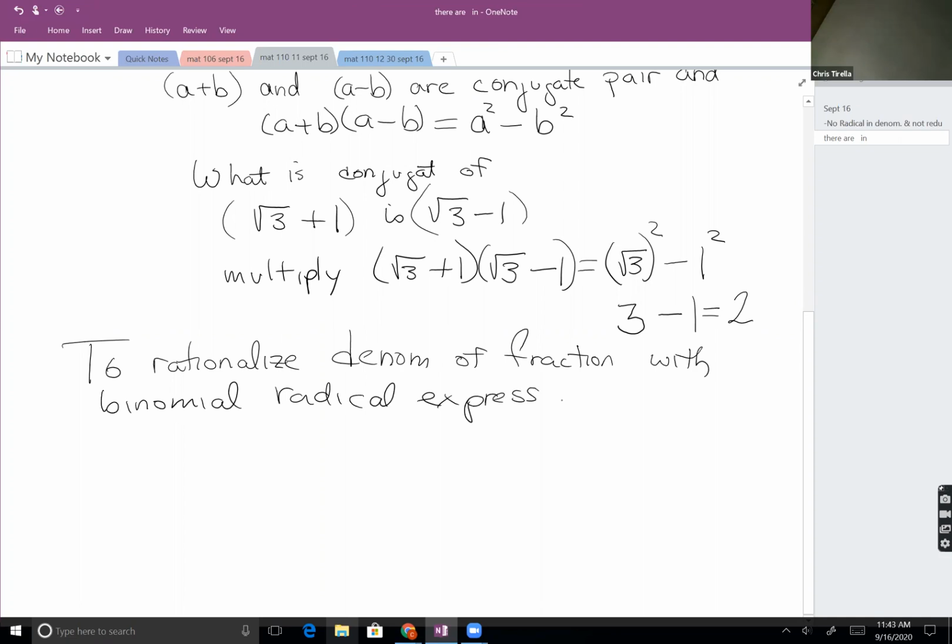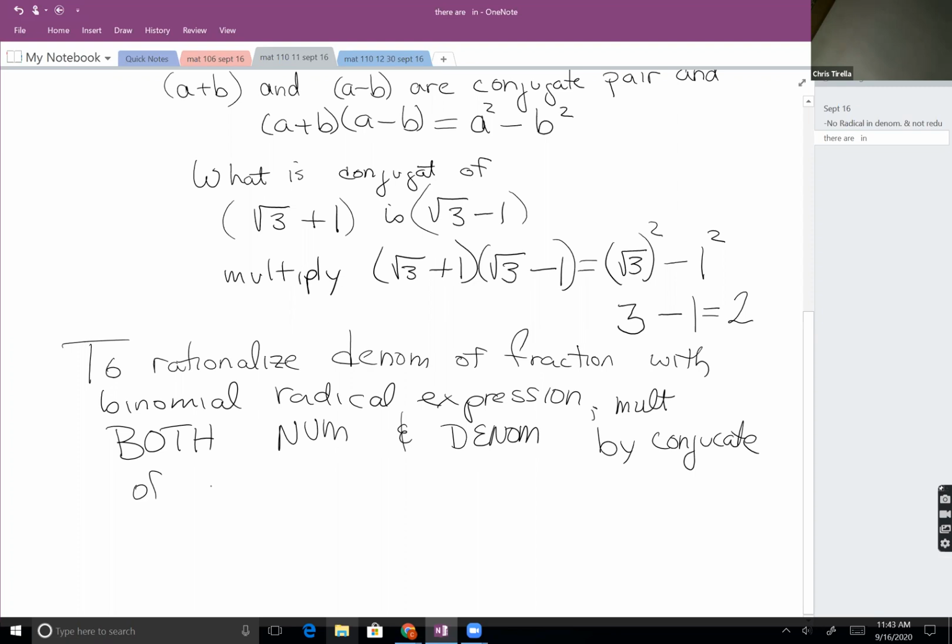And I'm sorry I'm writing slow today because of my hands. To rationalize the denominator of a fraction with a binomial radical expression, we're going to multiply both the numerator and the denominator by the conjugate of the denominator.